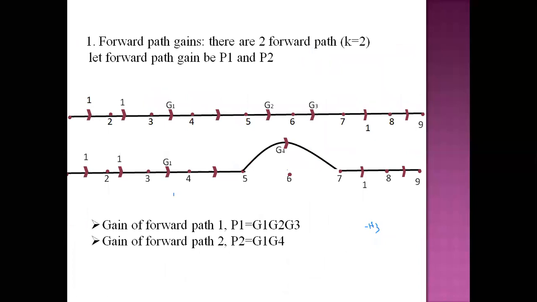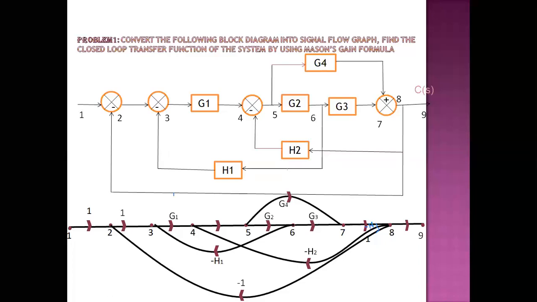So for this problem, we have to identify the number of forward paths, individual loops and two non-touching loops. With respect to this signal flow graph, starting from node 1 to 9, this forms the first forward path. Then starting from node 1, 2, 3, 4, 5, and through this G4 gain path, 7 and 8, 9, this forms another forward path.